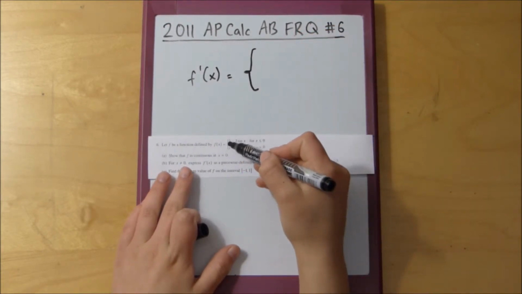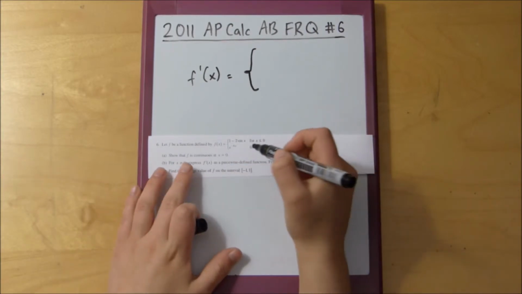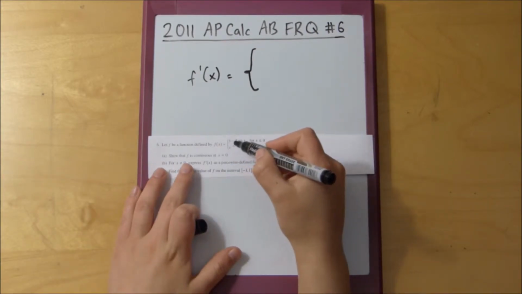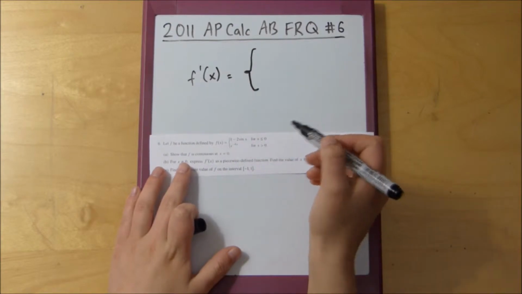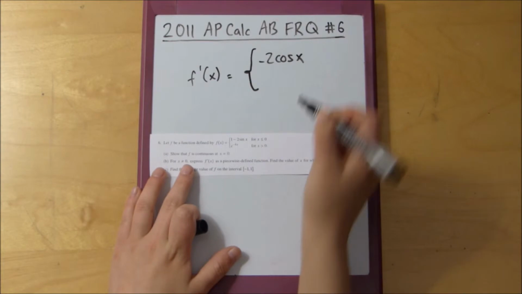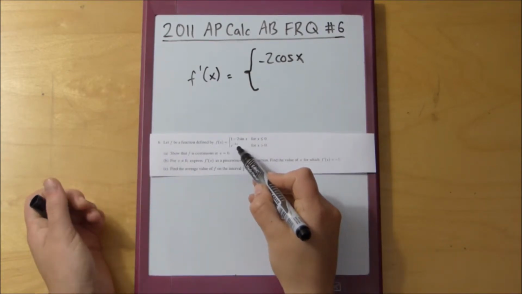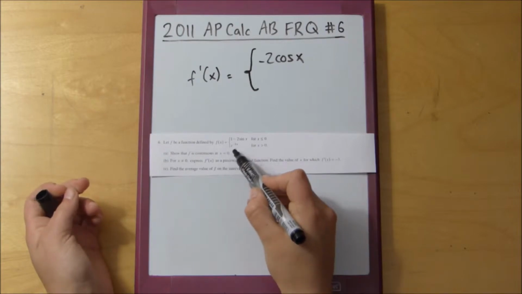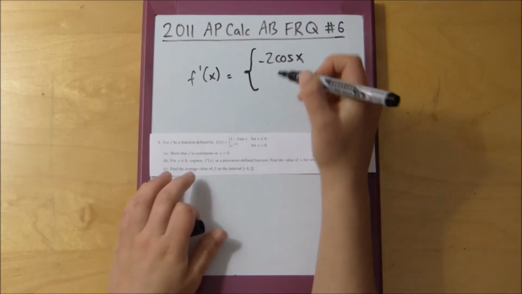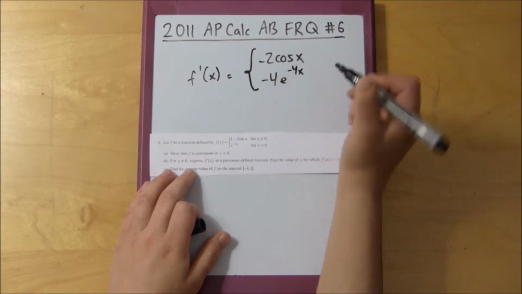So the derivative of the above function, we get rid of 1 because that's just a constant, and then the derivative of negative sine is negative cosine, and we keep the 2, so it's negative 2 cosine of x. The derivative of e to the negative 4x is e to the negative 4x times the derivative of negative 4x, so this would be negative 4 e to the negative 4x, right?